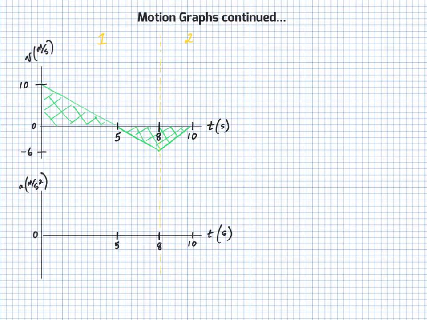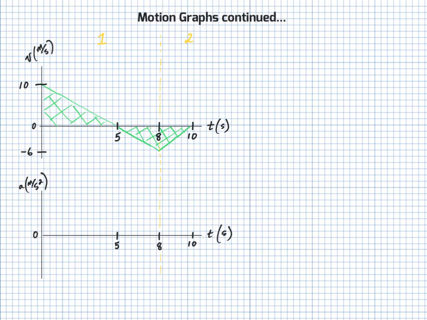All right, next, on this slide, we have a velocity versus time graph already made for us, and our goal is to create an acceleration versus time graph. So similar to a position versus time graph, the slope of a velocity versus time graph tells us something, and that something is the acceleration of the object.